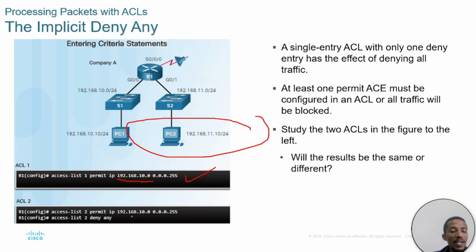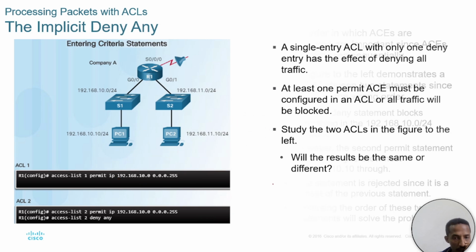These two are almost the same, because in the first case you didn't write it, but the system by itself will write it: access list 2 deny any. So even if you didn't write it, this network will be prevented by itself.